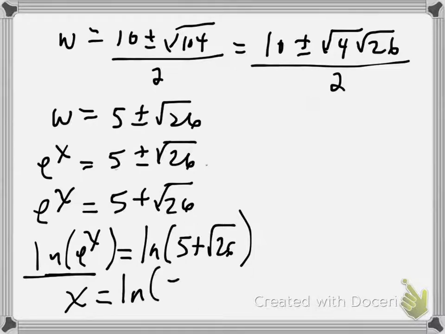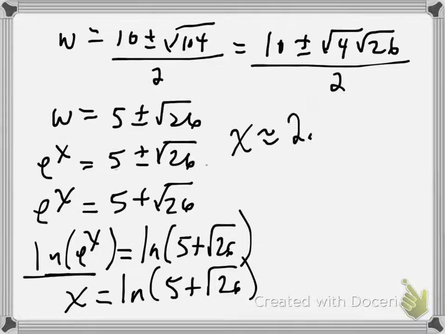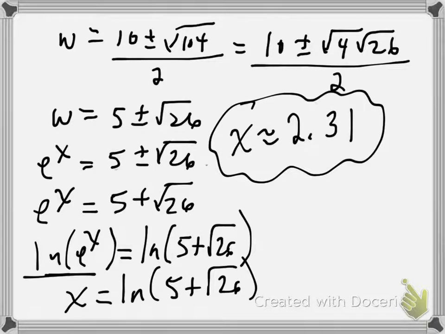So x equals the natural log of 5 plus the square root of 26. And so x is approximately, when you plug this into your calculator, 2.31. Alright, so the hardest one is out of the way. On to the third one.